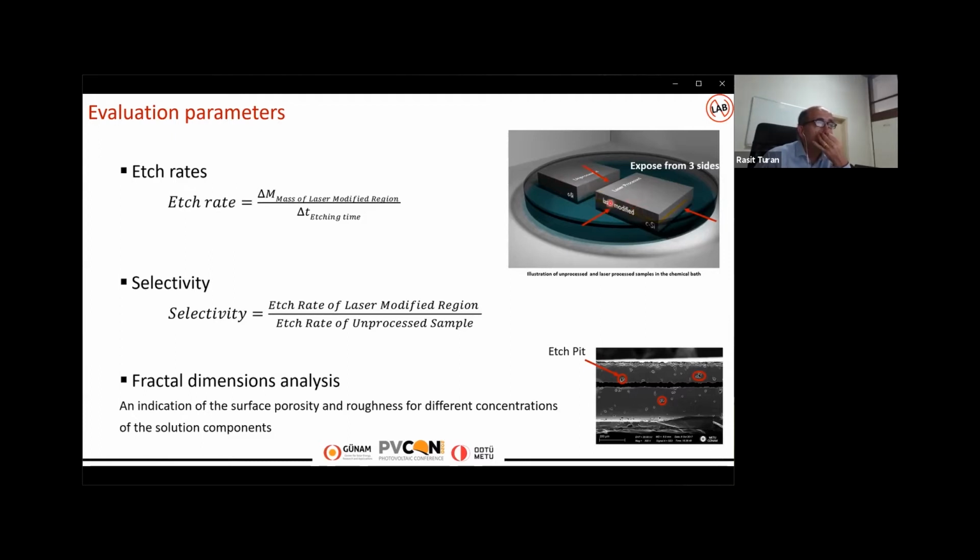After this experiment, we obtained the etch rate, which is the mass difference of the laser modified region over the etching time, and the selectivity, which is the ratio of the etch rate of the laser modified region over the etch rate of the unprocessed sample. And the crystalline silicon smoothness is represented by calculating the fractal dimension, which is obtained from the SEM image after 16 minutes.